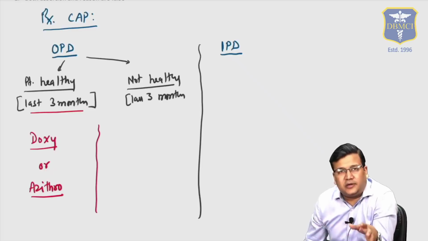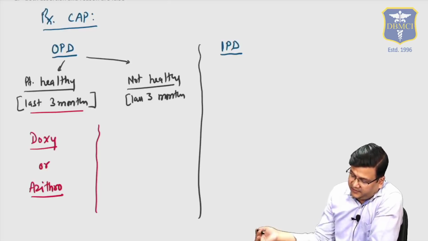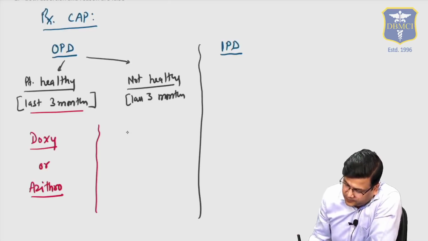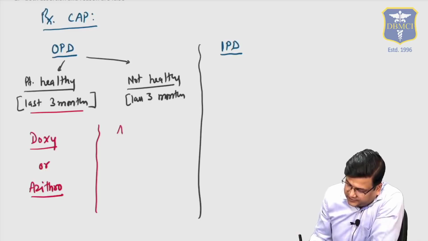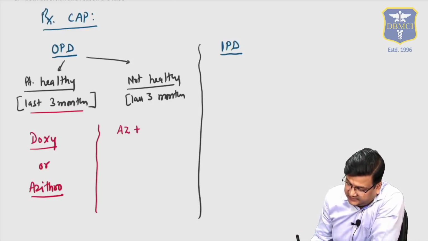If the patient is not healthy, that means he has consumed antibiotics in the last 3 months, he is not healthy for our discussion, we can give him either a combination of azithro, AZ represents azithro, plus beta lactam.